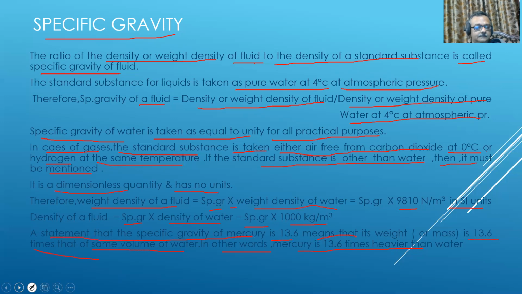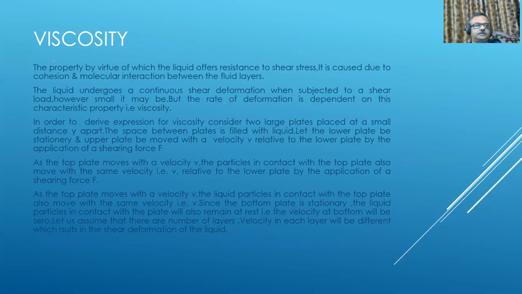Okay, students. Next, the most important property, that is viscosity. So, what is viscosity? Students, the most important part of fluid mechanics. The property by virtue of which the liquid offers resistance to shear stress.